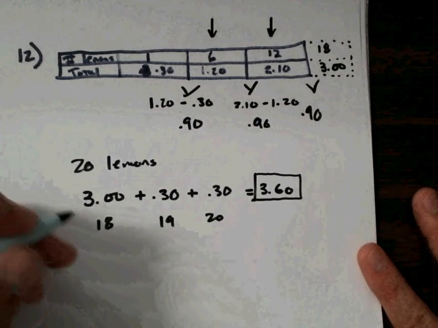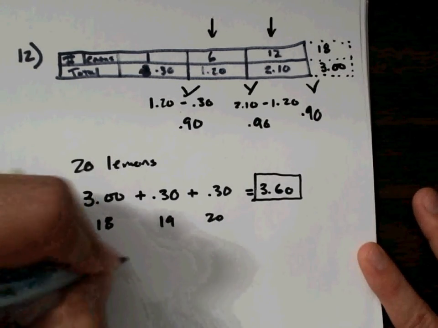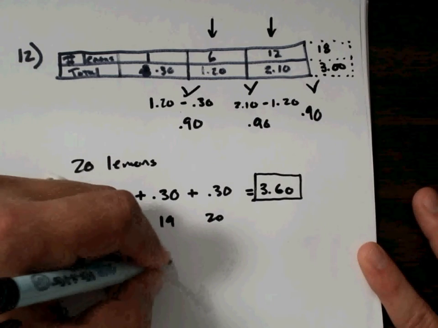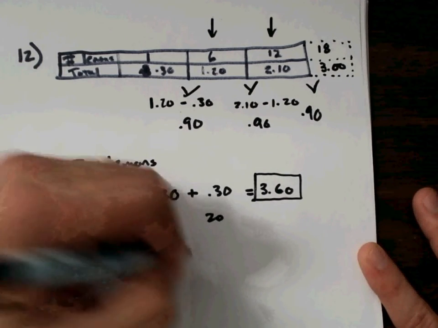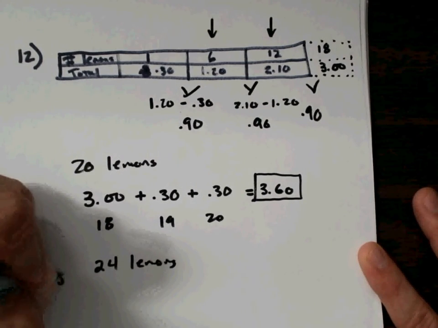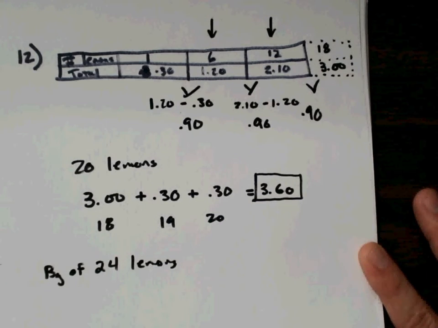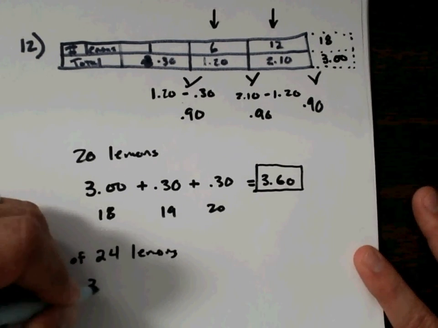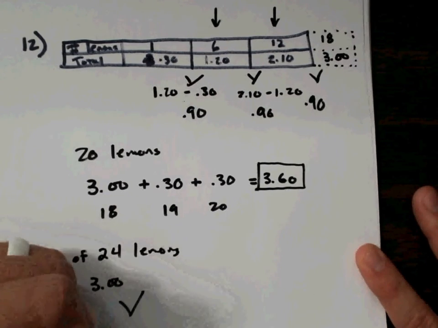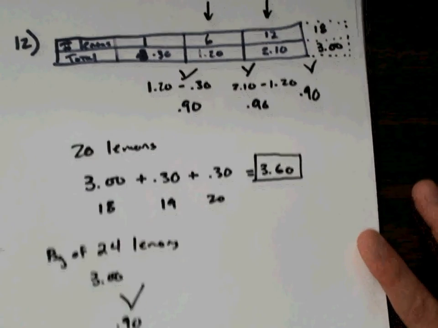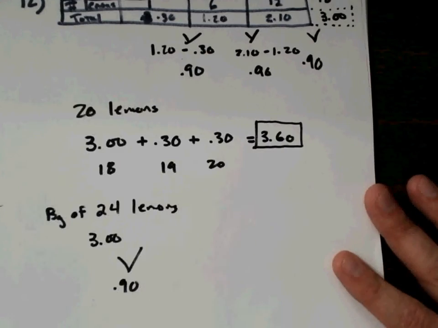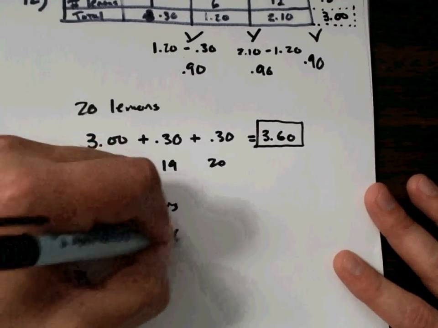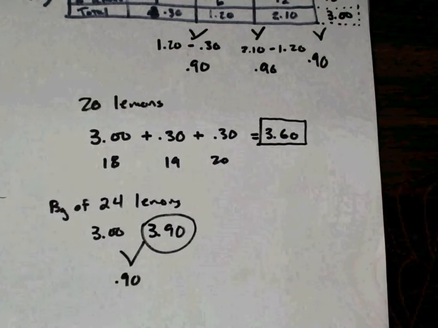But it's going to be purchased of 24 lemons because I have to do it per bag. Bag of 24 lemons, and that price is going to be what? It's going to be $3 added to my common difference of 0.90, and that gives me $3.90.